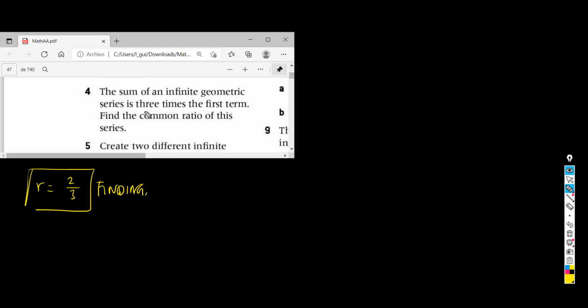And now let's see. The sum of an infinite geometric series is 3 times the first term. Give me a moment. You know this, and therefore you can actually find the u1.